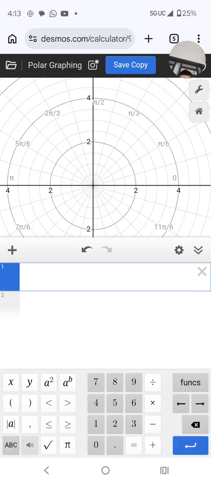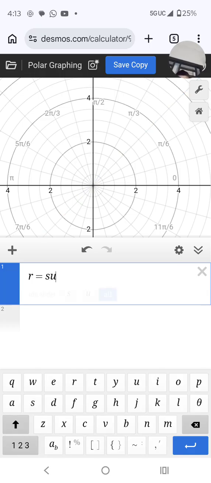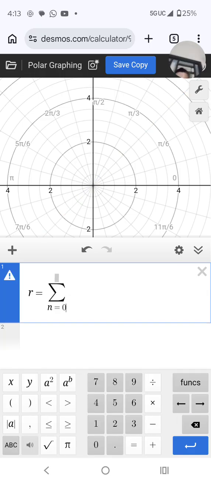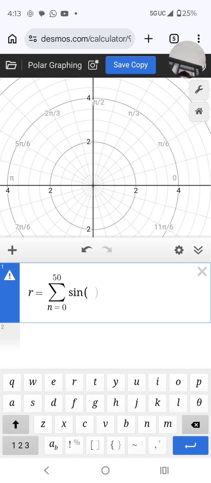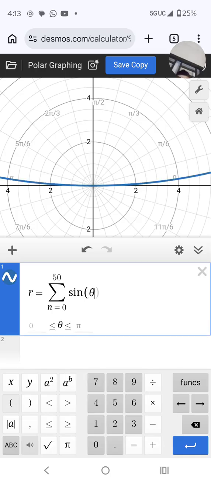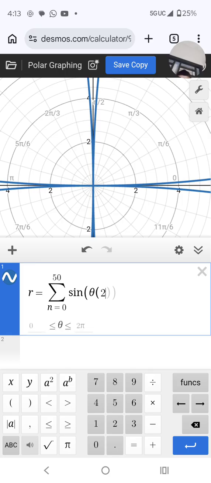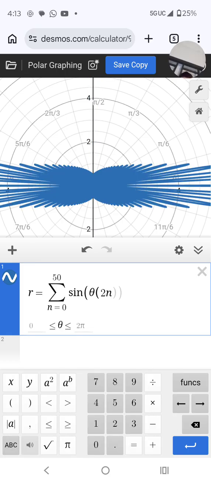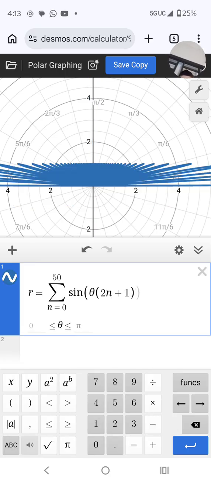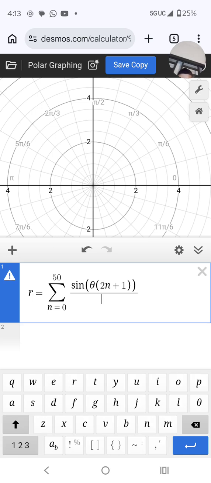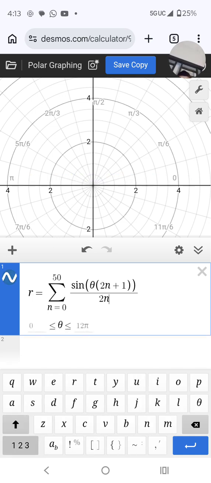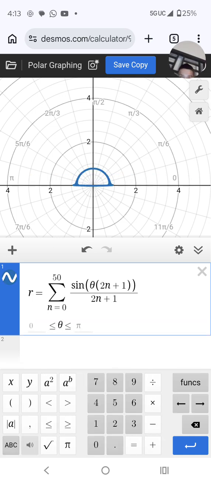So, r equals, can we do sums? Sum n equals 0 to 50, sine, instead of x it's theta, 2n plus 1 divided by 2n plus 1.